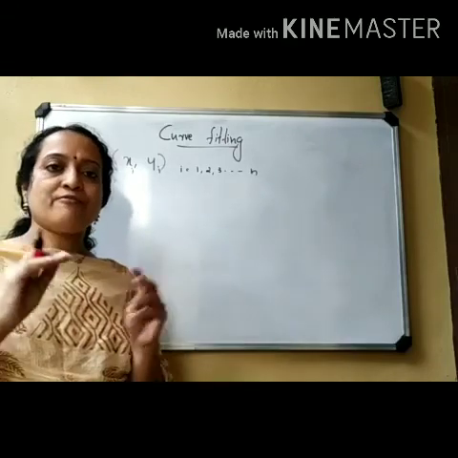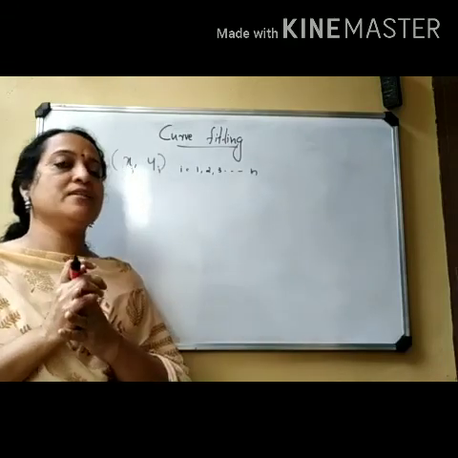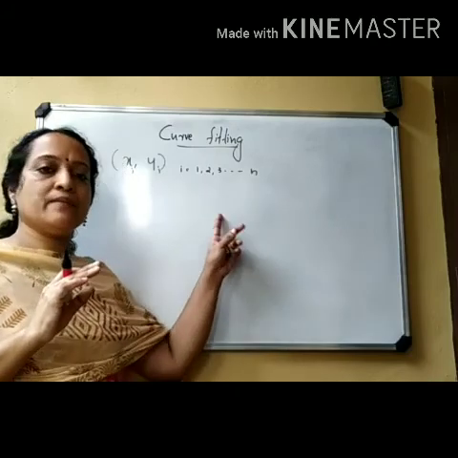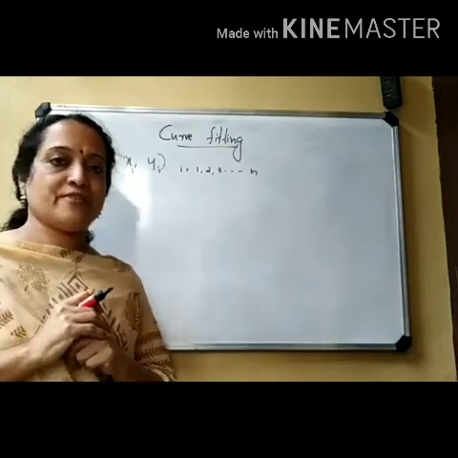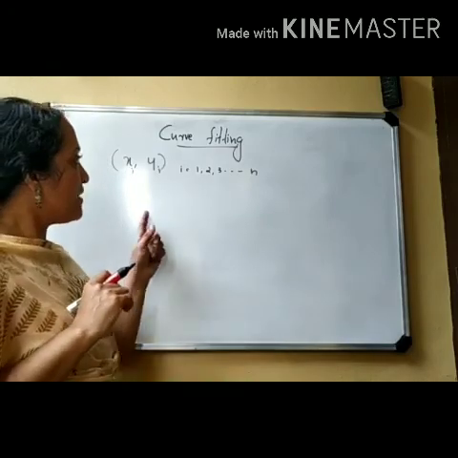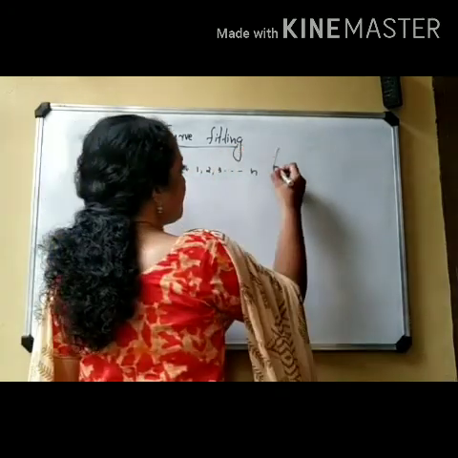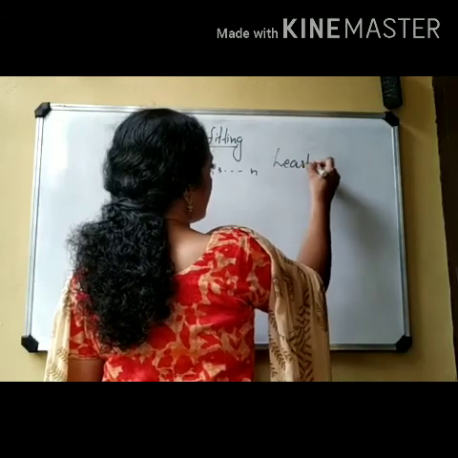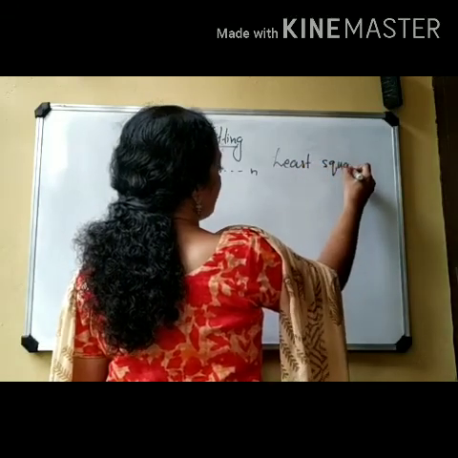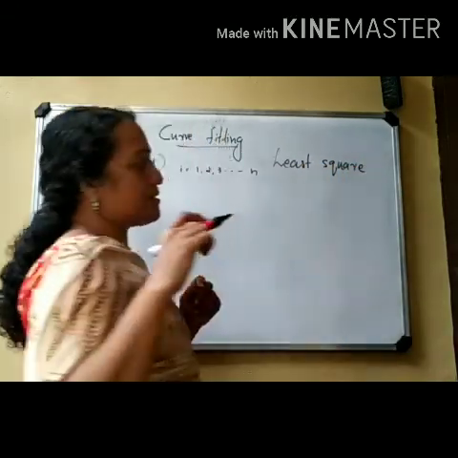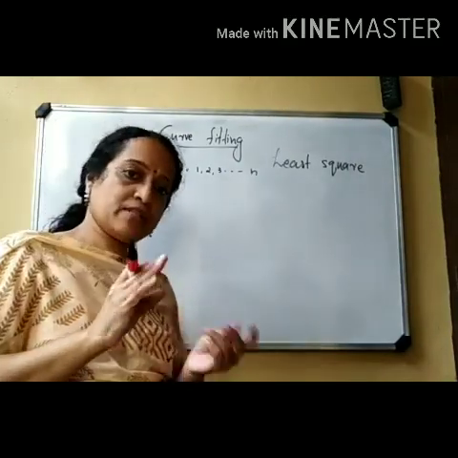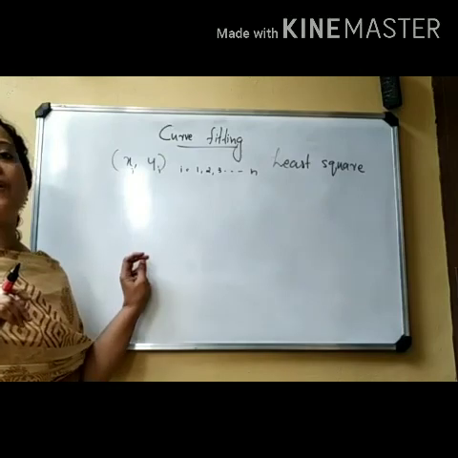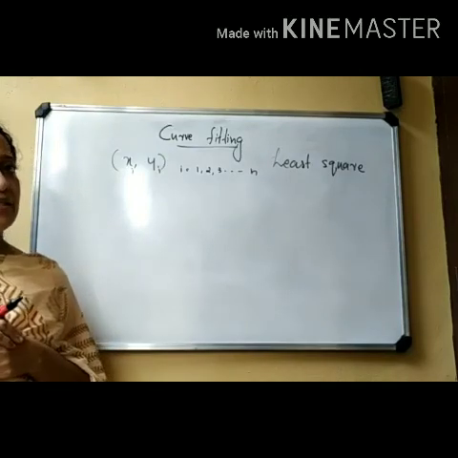So the process of finding out the equation of a curve that fits best to the given x and y values is known as curve fitting. And today we will be discussing the method of least square curve fitting. Although a number of methods are available for curve fitting, the most popular one is the least square curve fitting.